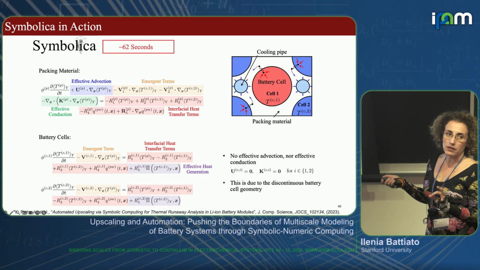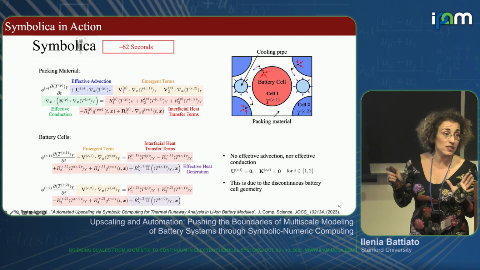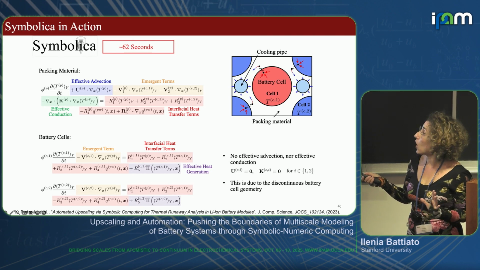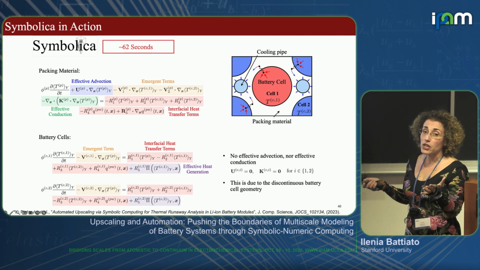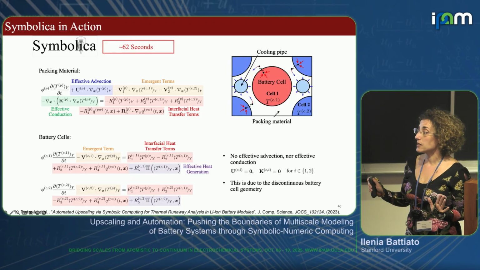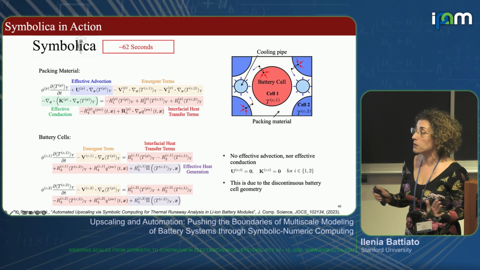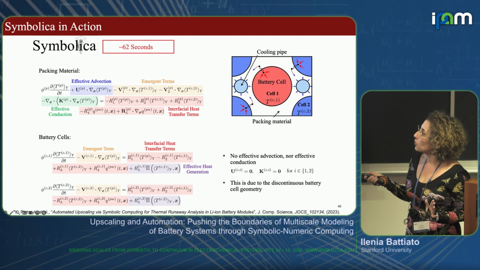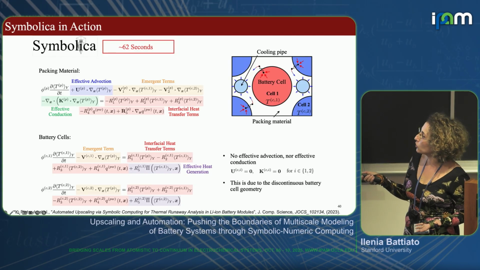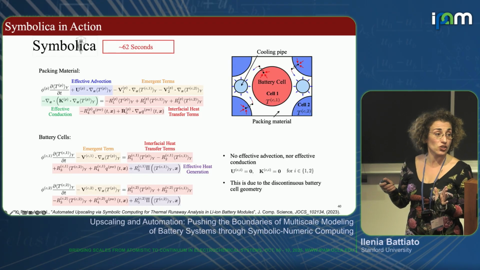I'm not going to go into the details of all these terms, but I can just note how weird these equations are. Because, again, I remind you that we started just with very innocent conduction equations, very boring. And what do we get here? We get advective terms. We get emergent terms that cross-correlate with the temperature in the other domain. We get a lot of strange stuff.